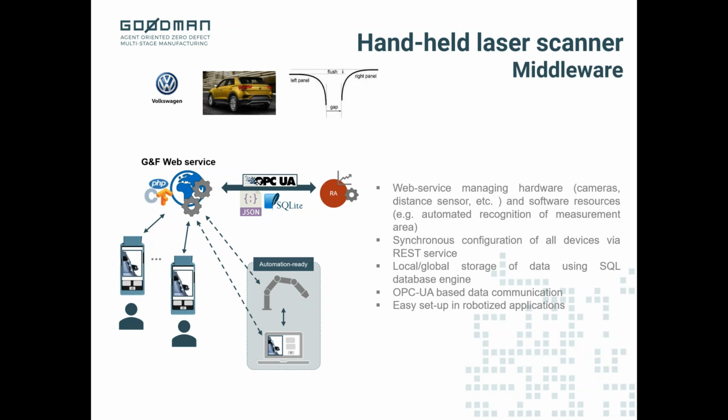It is possible to synchronize the configuration of different devices by a REST service, and also it is possible to store measured data by using an SQL database engine locally or in a global way. As I said, communication is based on an OPC-UA protocol, and it's quite easy to set up the device for a robotized application, since everything is prepared to be used in a robotized application.